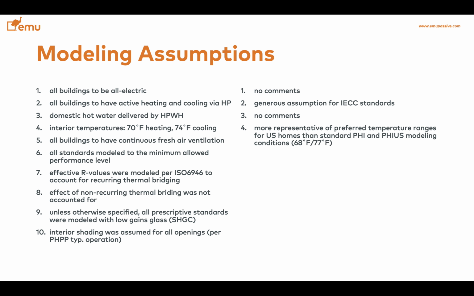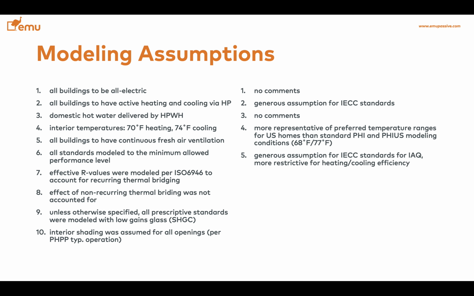In terms of interior temperatures, we selected 70 and 74 because, in my opinion, they are more representative of how buildings are operated in the US compared to what PHIUS and PHI use as the baseline. That is the same for both PHI and PHIUS: 68 degrees set point temperature for heating in winter and 77 degrees set point for cooling in the summertime. We're going to see how that impacted these two standards.